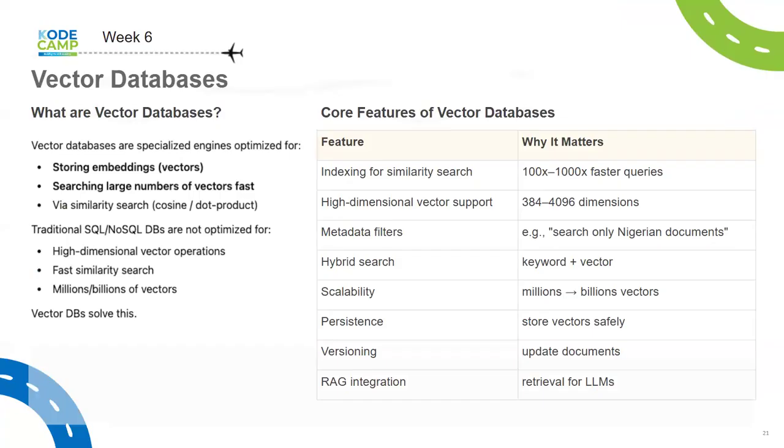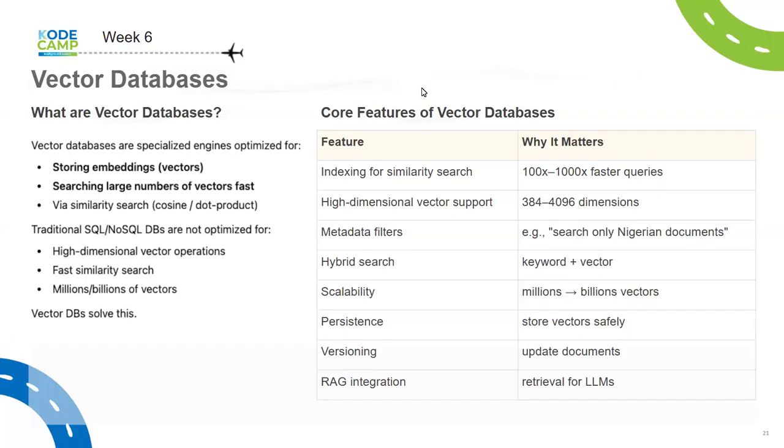So the ingestion phase is where you take a document, you pull in the content of the document, you decode it depending on the type of document, then you load it with a document loader, you chunk it, you embed it, and then you store it. So that's the first phase.